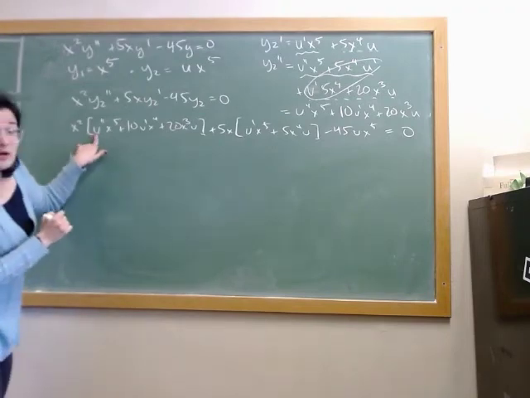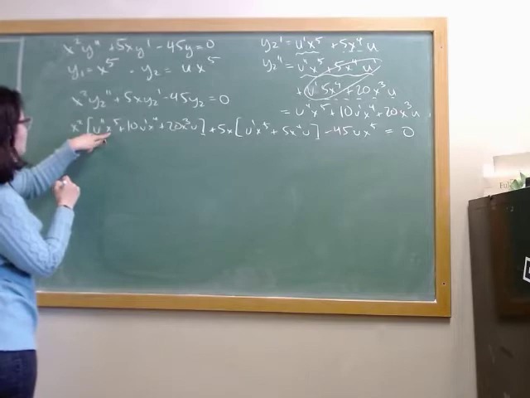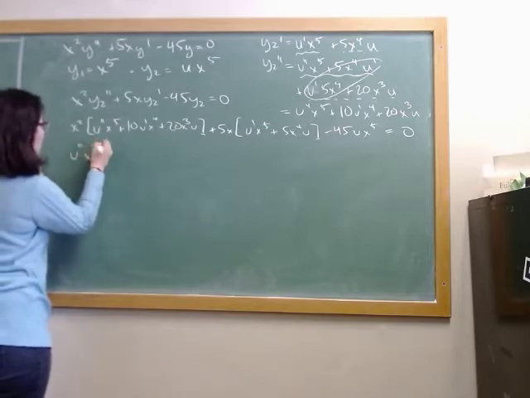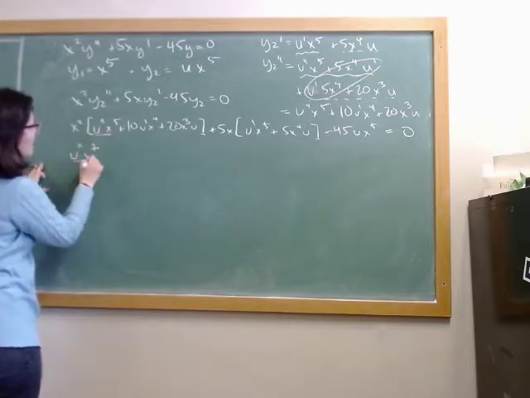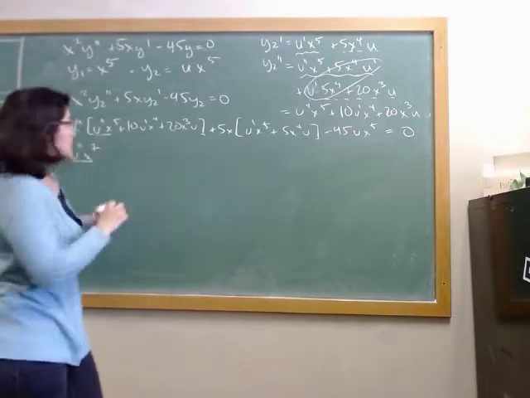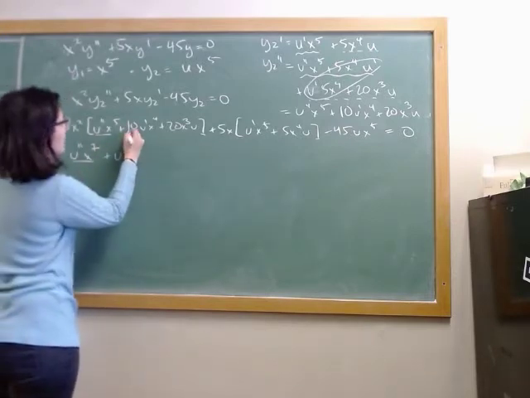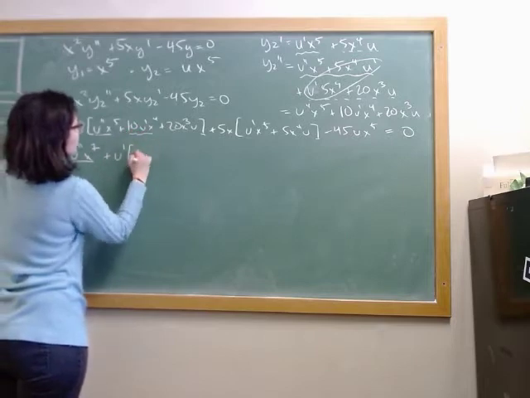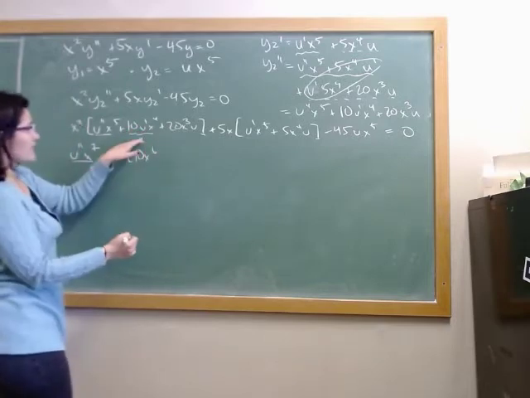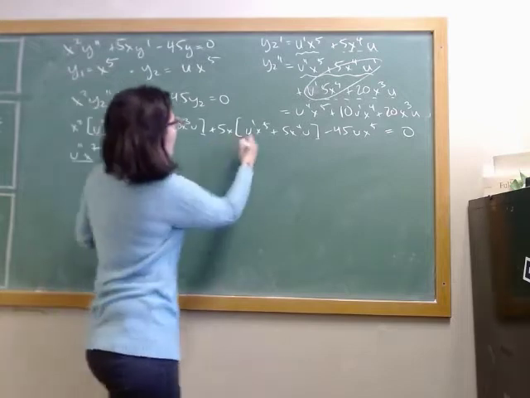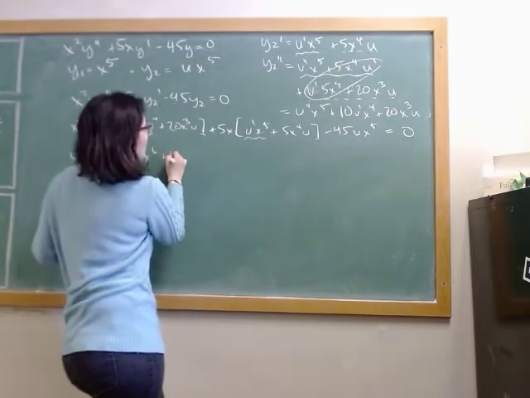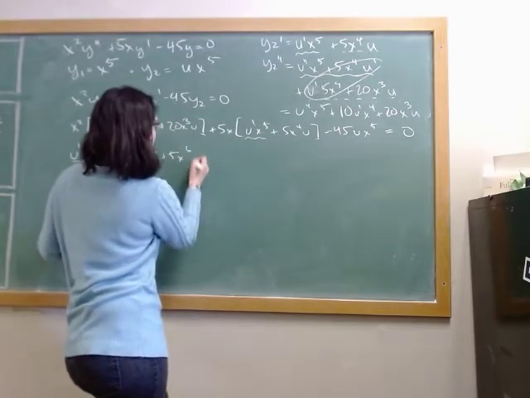So looking at my u double prime terms, I've got u double prime times x to the seventh right there. And then there's no more u double primes. Then I've got u prime times 10x to the sixth right there, plus the other u prime term to the 6th right there.